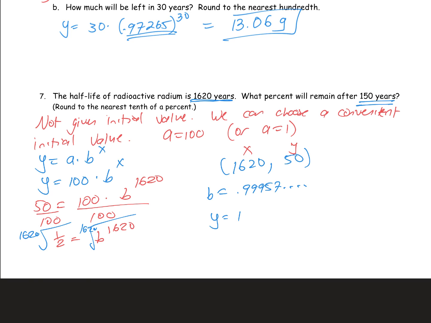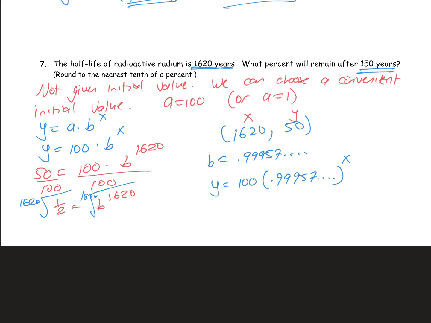And I'm going to write my model. So y is equal to 100 times 0.99957... I'm putting the dots because I'm going to put that value into my calculator. I'm actually going to copy and paste that from my calculator, because to answer this question, we want to know how much is left after 150 years.